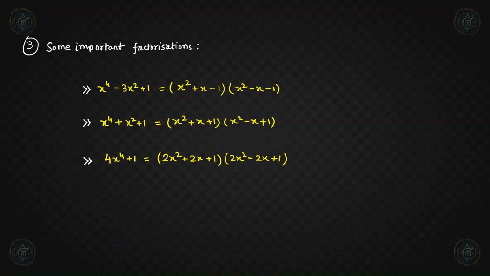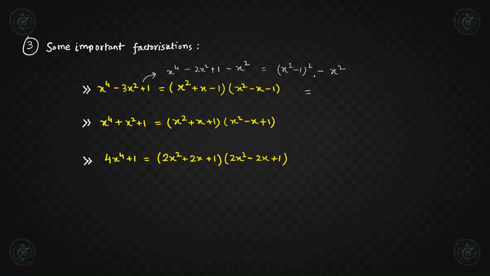Now the question is how to prove them. The idea behind them is basically completing the square. So if we try to complete the square here, this will be x to the power 4 minus 2x square plus 1. This thing simplifies to x square minus 1 whole square, and then we have a minus x square here. So this thing becomes x square minus 1 whole square minus x whole square.